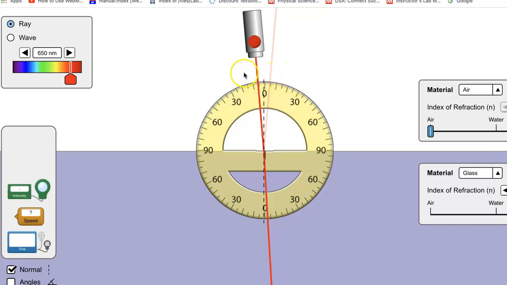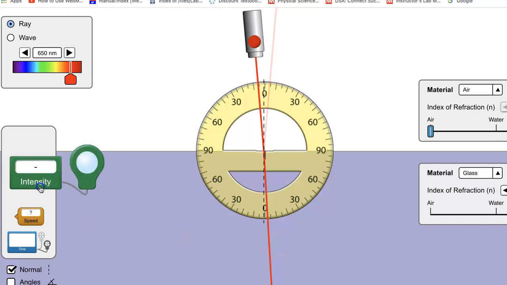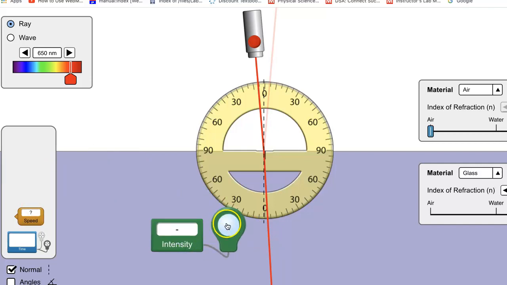What's happening always when light interacts with a medium is that part of the light will reflect. Can you see? But the reflection here is very minimal, and we are going to say that most of the light is going to be refracted. I can check that using the intensity. If you look here, the intensity is 95.97.